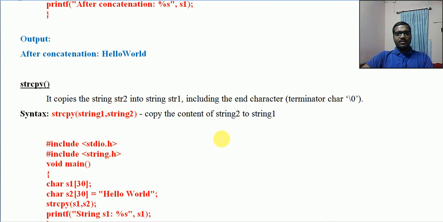So I'll be giving strcpy(string 1, string 2). The right hand side string will be copied into s1. So str1 will be getting the value that was there in str2. We are simply copying that. That will copy including the \0 character. That means the entire string, not only the string part, it will also copy the \0 while copying from one string to another.